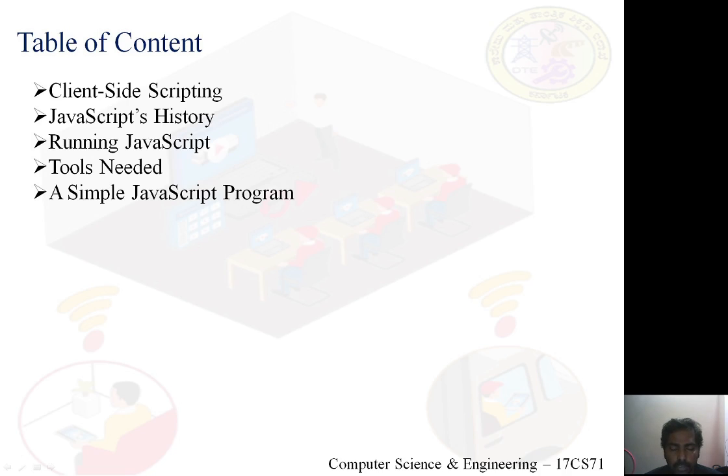Next, we'll have a look at the origin of JavaScript, that is, when JavaScript was invented and who the inventor is. Next, we'll see how to run JavaScript. Does it require special software to run it, or does it depend on some other software?